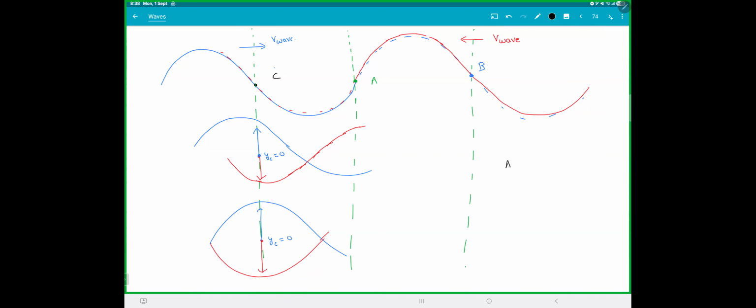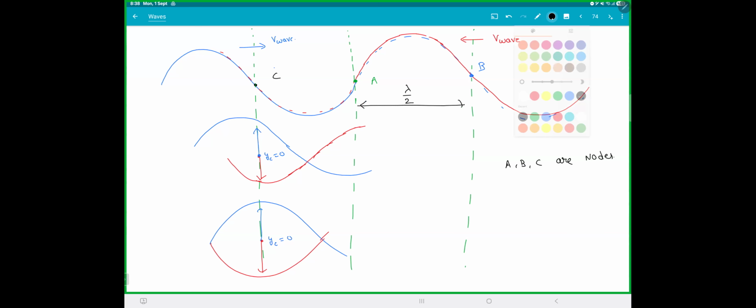So if you see here, A, B, C are nodes. And if you look at the distance between them, you can clearly see this is half wave. This is lambda by 2, making sense? That is half of the wavelength. So the distance between any two consecutive nodes is lambda by 2.